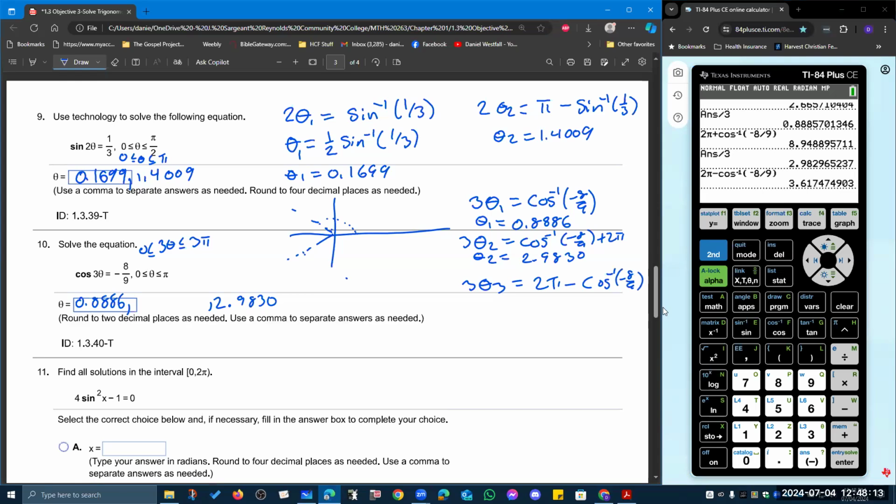When I get that, I'm going to divide that by 3. And that makes my third answer 1.2058. And I have them all in numerical order there.